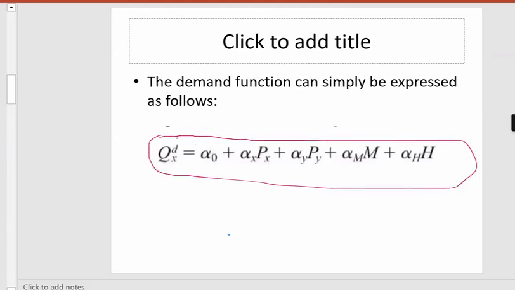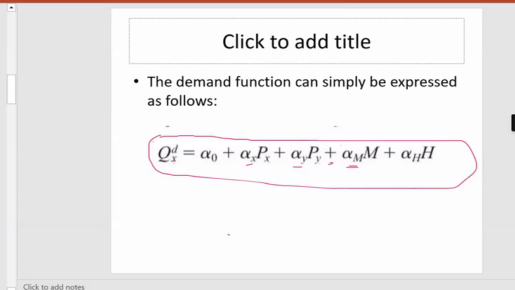Manake sasa we are just dealing with what? Signs. We are just dealing with signs. These are just coefficients. You don't need even to be scared. Hii tunaangalia the magnitude of effect. Sana tunaangalia is what? Signs. That means the quantity of demand can be affected by price itself. If you hold the other factors constant, it can be affected by the price of the competitor. So, manake, this is the price of exactly the commodity.